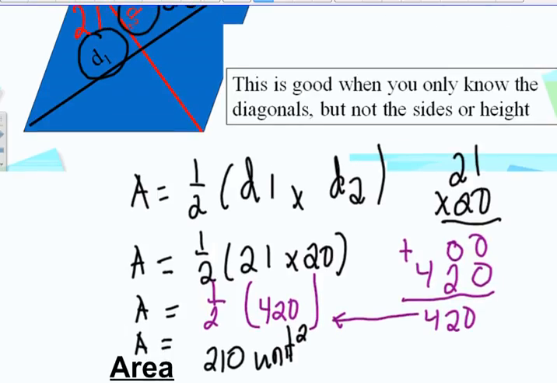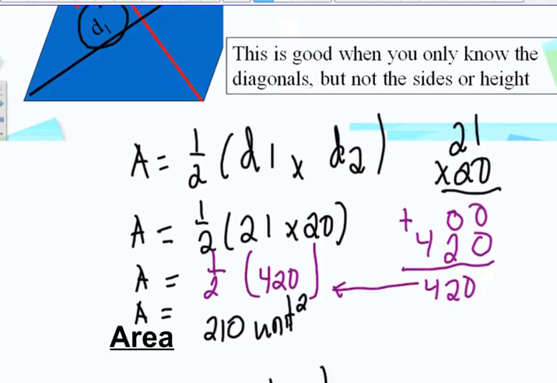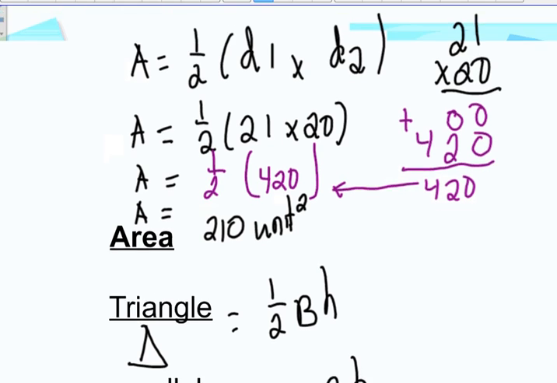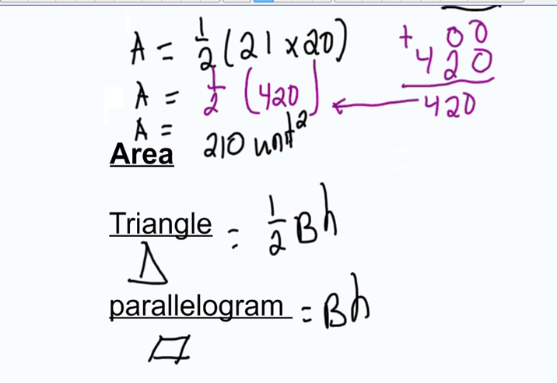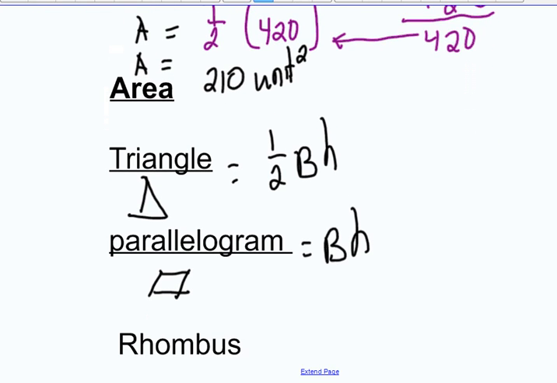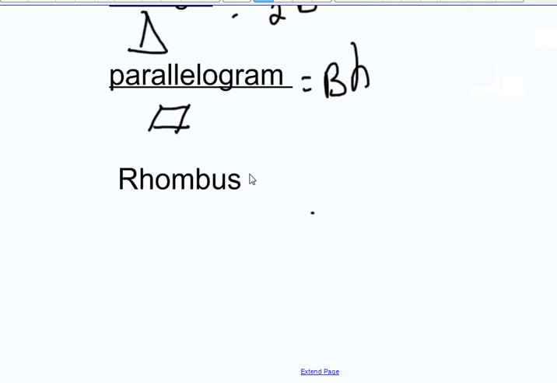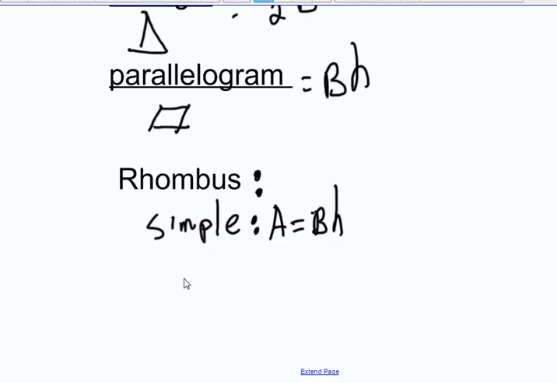Now, let's add this new formula to our formula sheet. Remember, we have area of a triangle, which is half times base times height, and we have area of a parallelogram, which is base times height. For a rhombus, there are 2 versions. If I do it the simple way, area equals base times height.